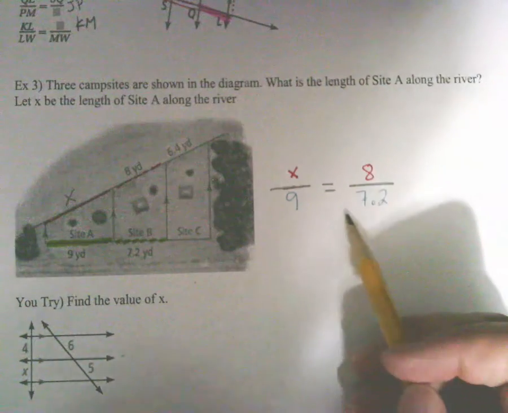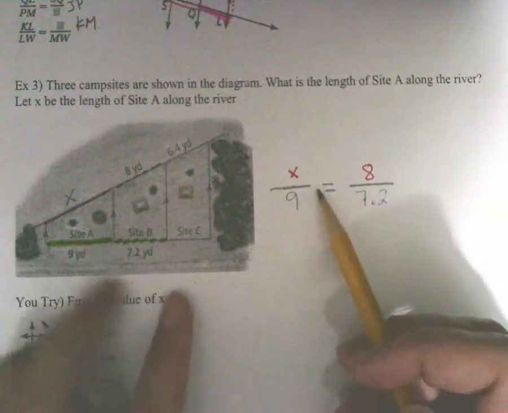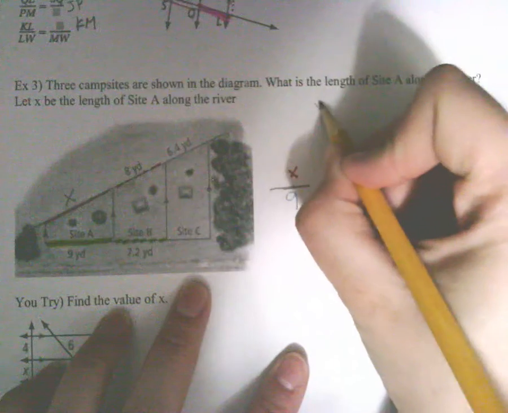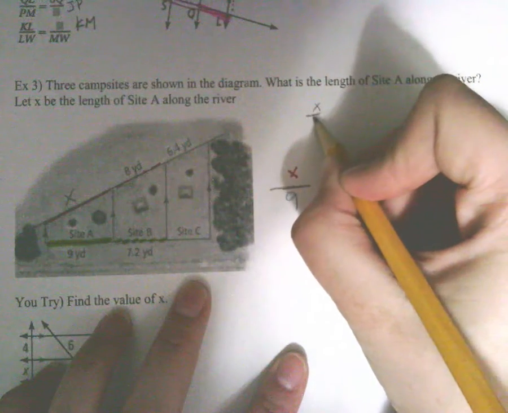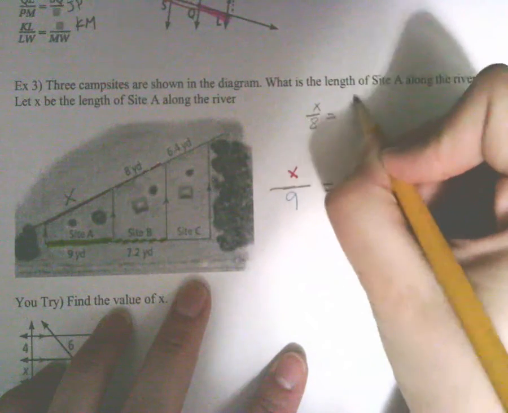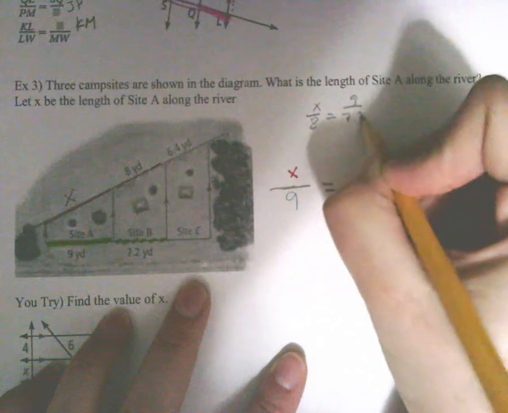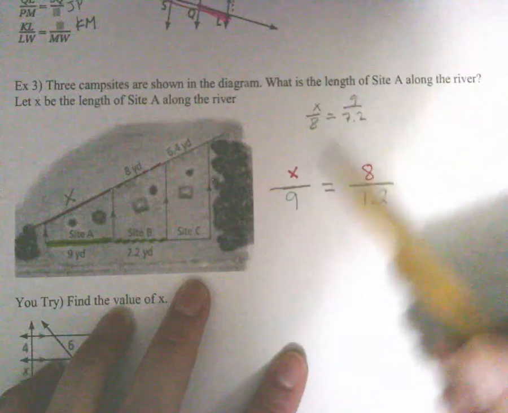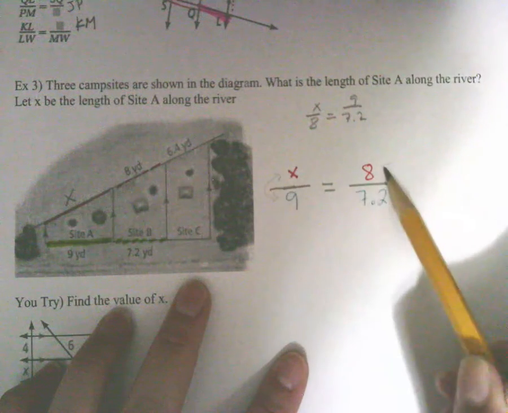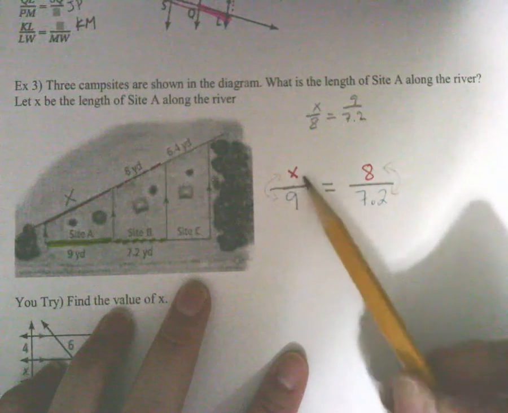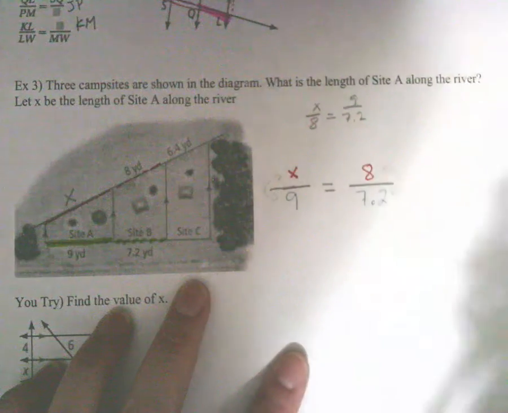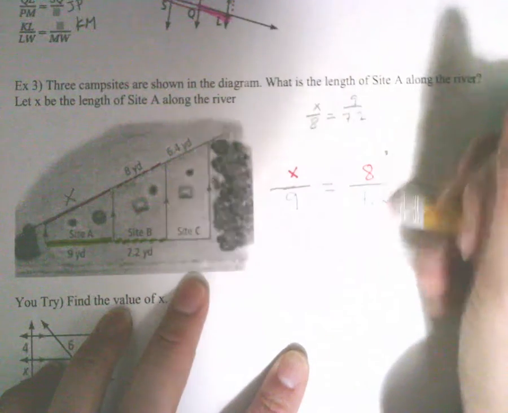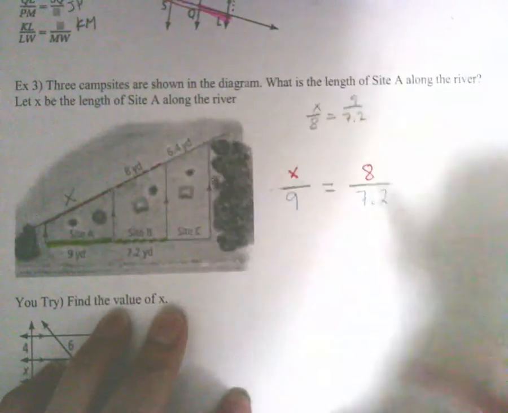Just so you know, another proportion we could use would be X over 8 equals 9 over 7.2. That's also a proportion that we could have used. You could also have flipped these around so that it says 9 over X equals 7.2 over 8. That's also fine. So there's a few different proportions.